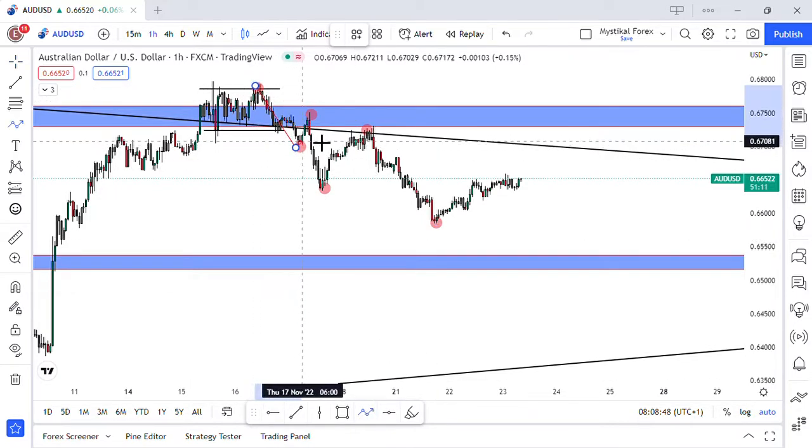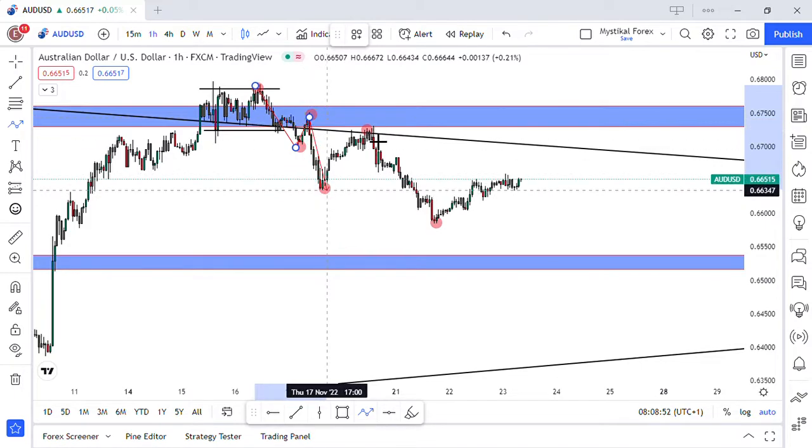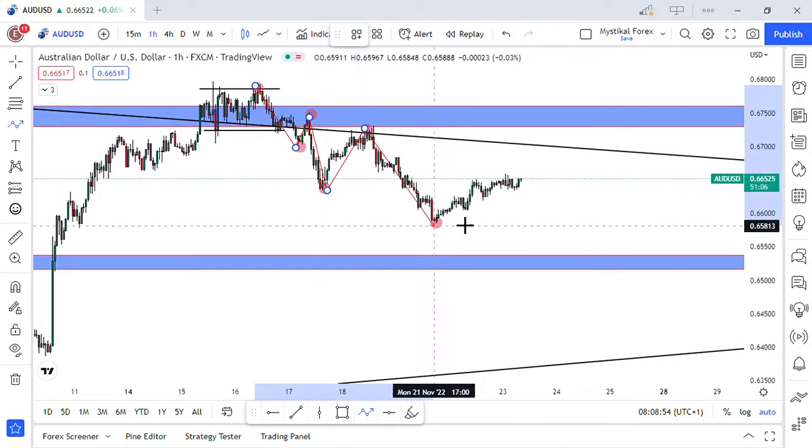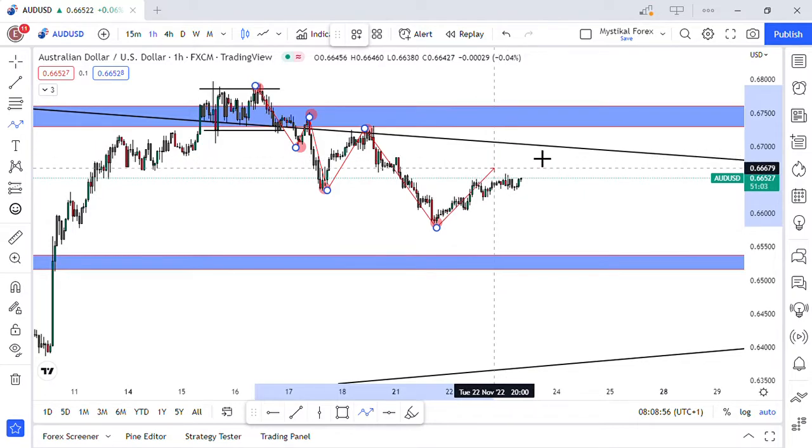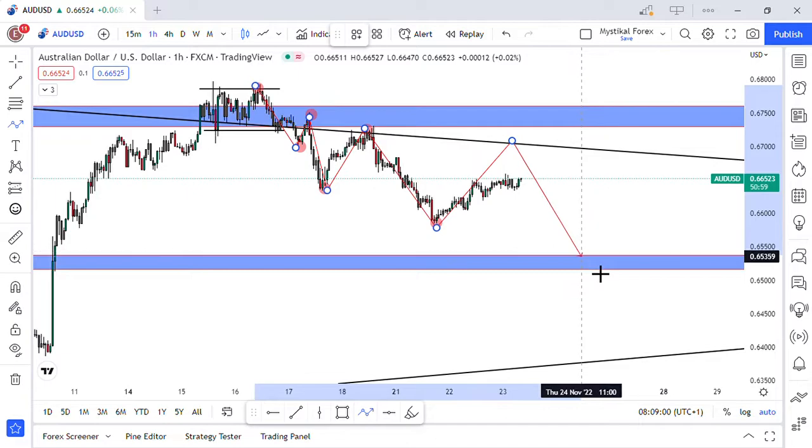Okay, we had our first entry over there, second entry over there, now looking for a third entry in this area, having our target right here.